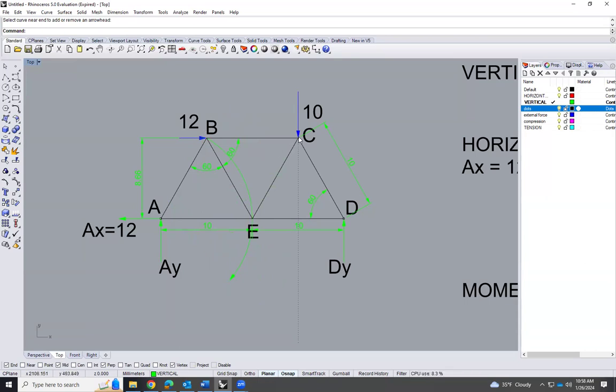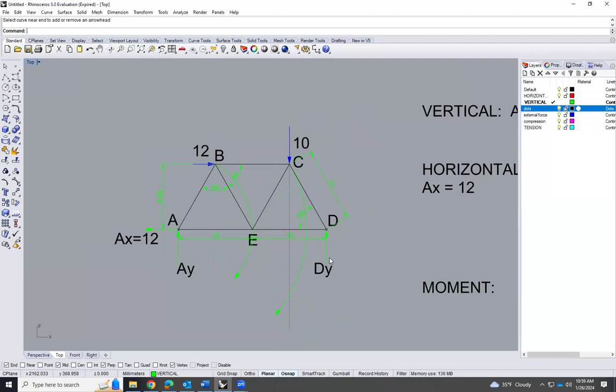Okay, what about the effect of 10 about this point, about A? If I draw another arc, that's the center, that's the point. What happens when we apply this force down? This rotates in this direction too. So both forces, 12 and 10, move the structure clockwise.